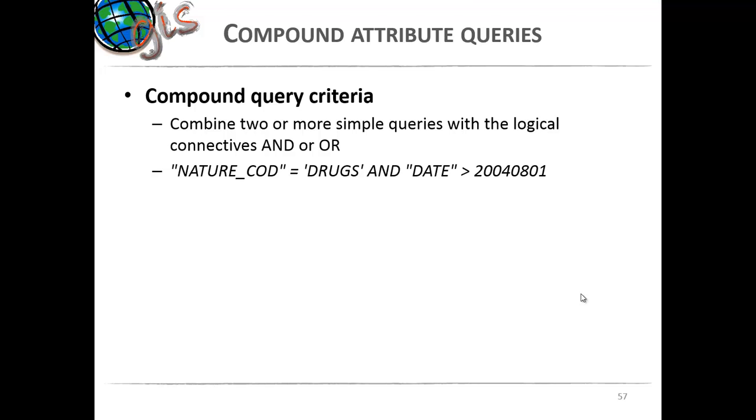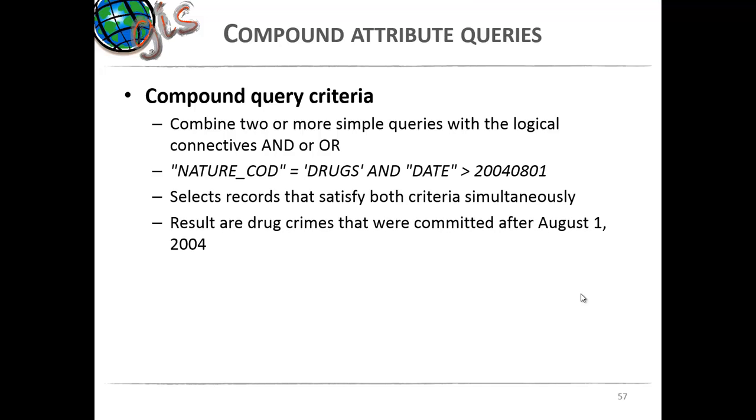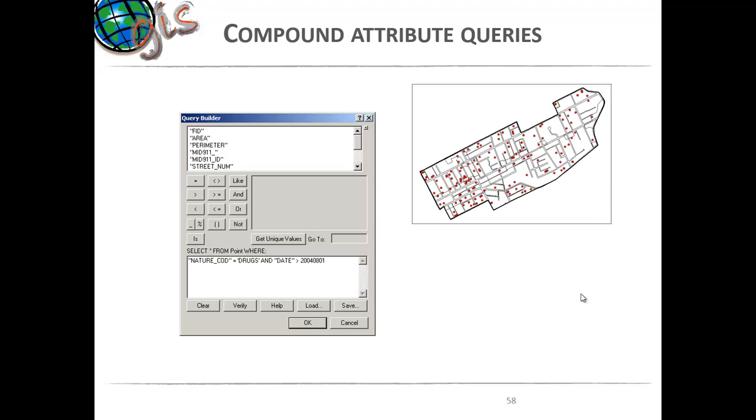For example, nature of crime is drugs, which have been done after August 1st, 2004, is a compound query because it uses two fields to come up with a map. It selects records that satisfy both criteria simultaneously. So the result is crimes that were committed after August 1st.